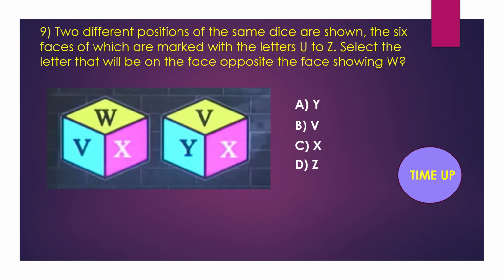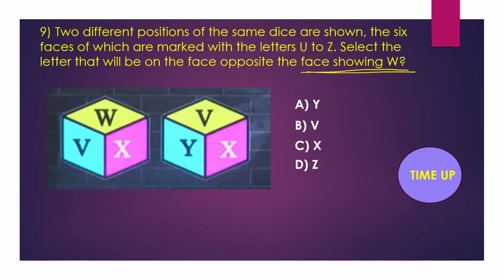You need to find out. They can give anything, okay? Not only numbers on a dice, they can give even letters on a dice, or they may give symbols on a dice. Whatever they give, the logic remains the same. So the opposite of W they have asked here.